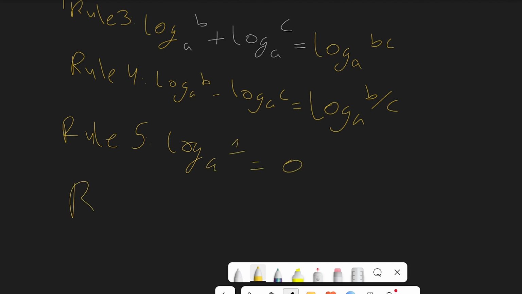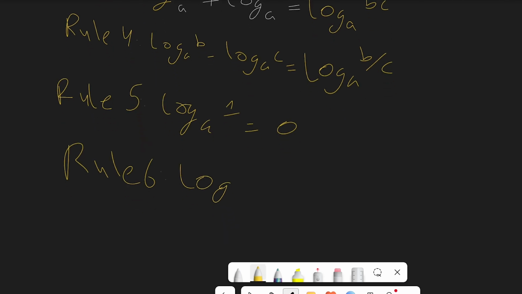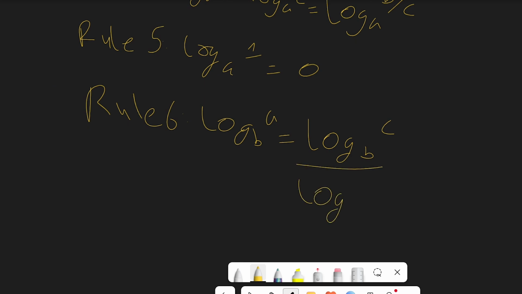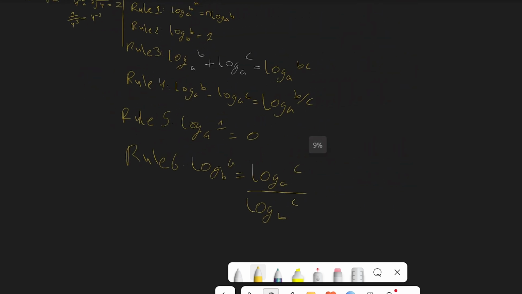Then rule 6 can be that log of a to the base b, and it can be represented as log of a over log of b to any number, say base c. Both these expressions are basically equal.